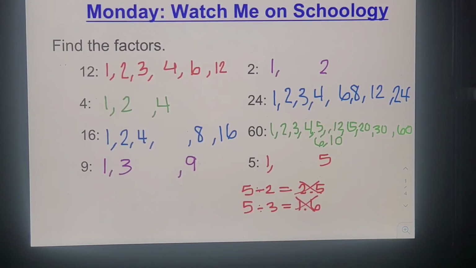Not good. 5 divided by 4 equals 1.25. So that's a decimal, so not good. 5 divided by 5 equals 1. So if you look, we have 1 and 5. So that means we are finished.